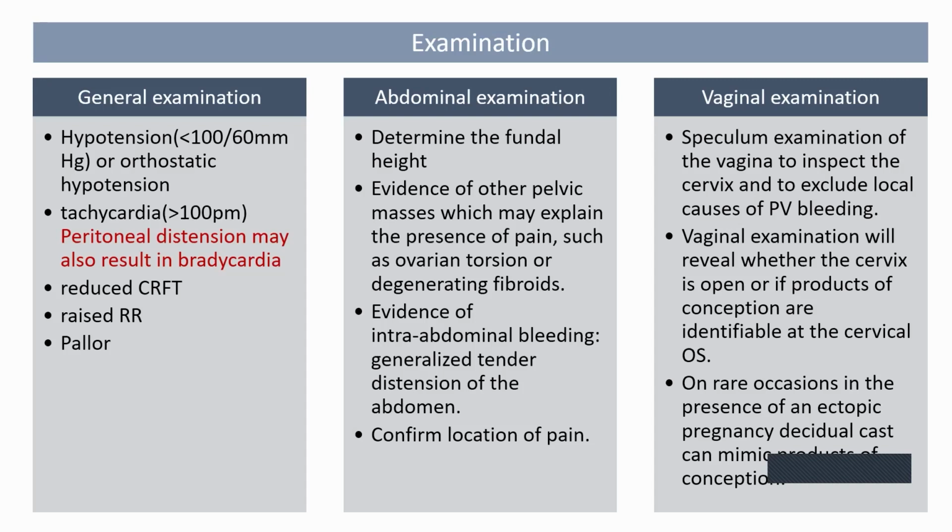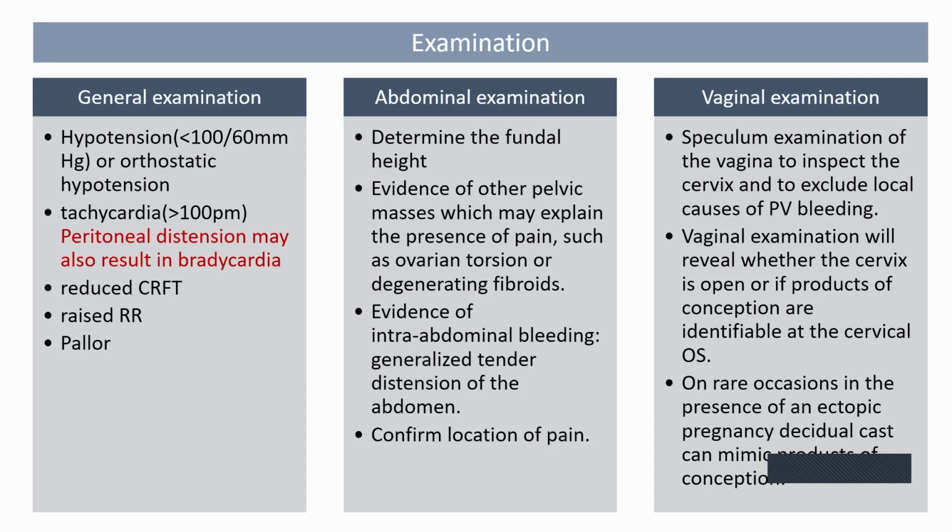In the abdominal examination, we should try to palpate the uterus, though most of the time in gynecological patients and early pregnancy you will not be able to palpate the fundus. We look for evidence of any other pelvic masses, which may explain the pain, and evidence of intraperitoneal bleeding, such as generalized tenderness, rigidity, and guarding. And we should offer a vaginal examination.